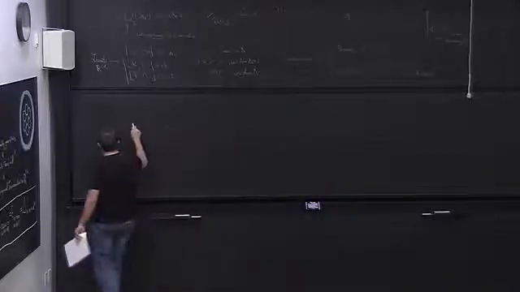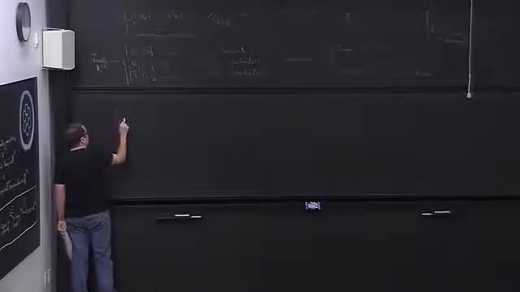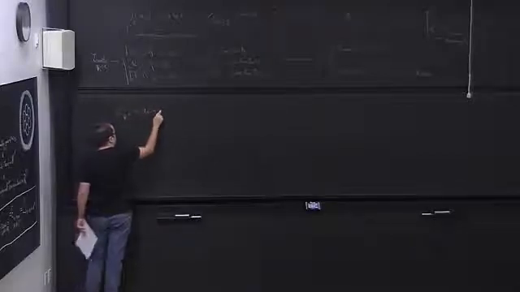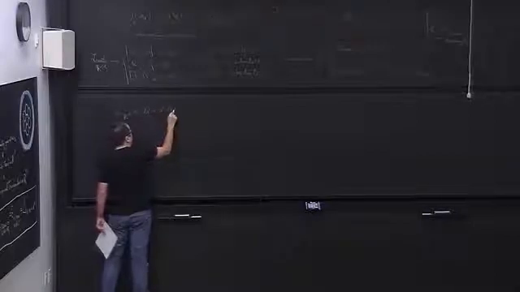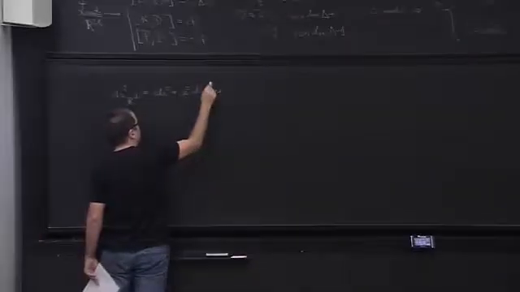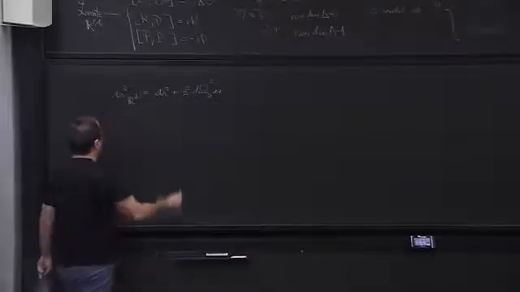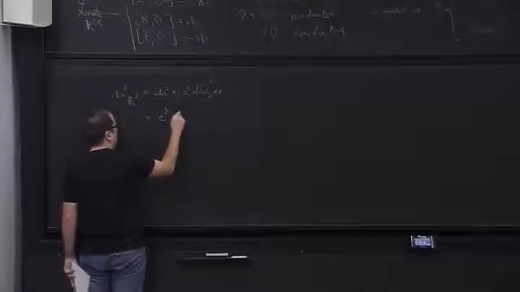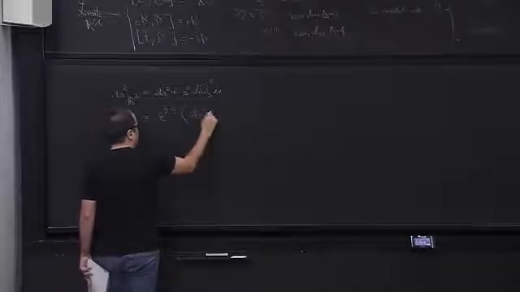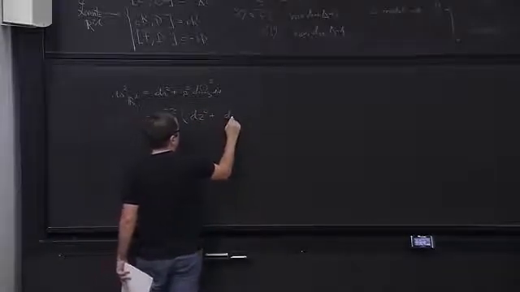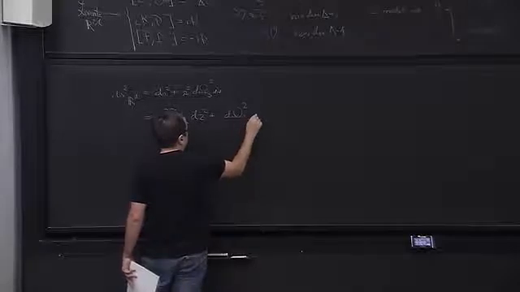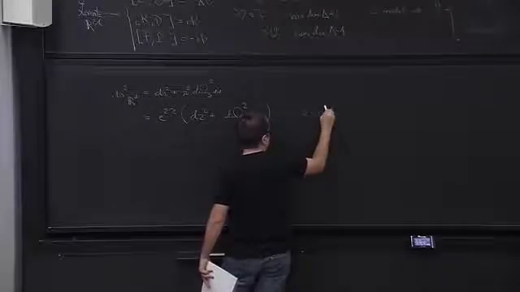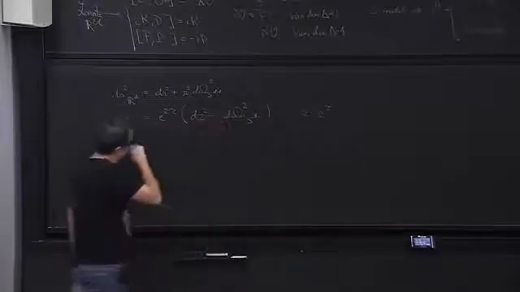So if we start with a metric in flat space, in R^D, this is equal to dr squared plus r squared times a d minus 1 sphere. But this is equal to e to the 2 tau times d tau squared plus d Omega squared of the d minus 1 sphere, where r is equal to e to the tau.